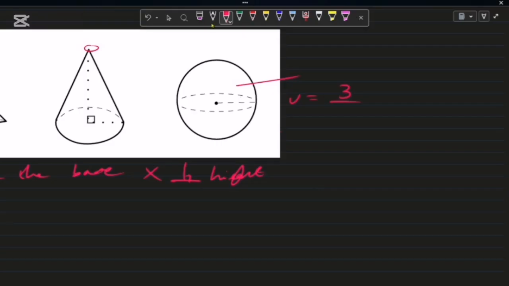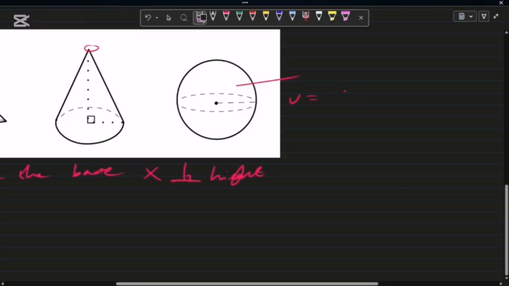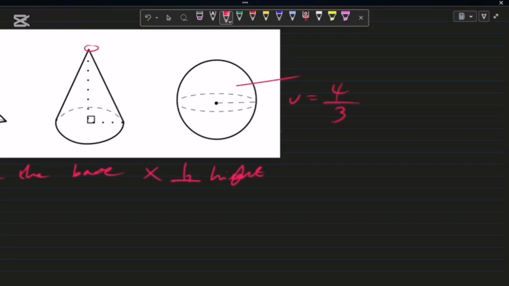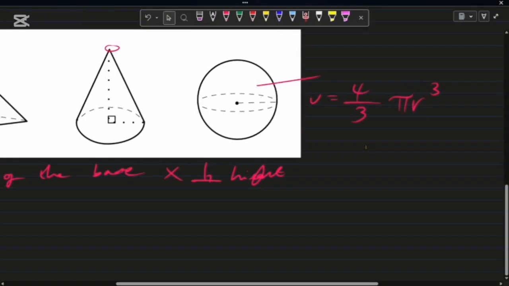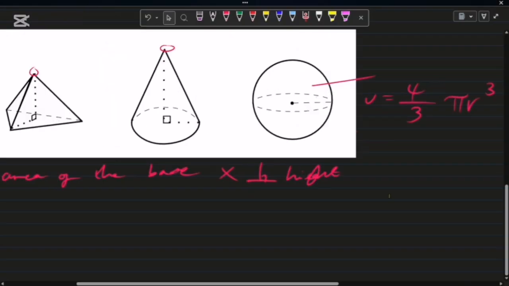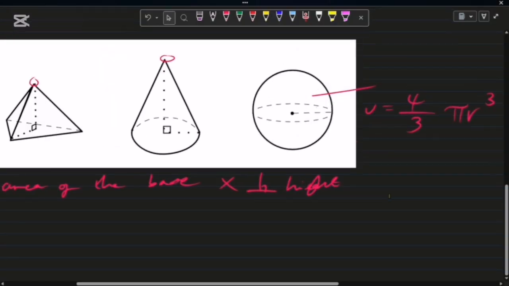I think it's 4 over 3. Okay, it's 4 over 3 pi r cubed. So this is the volume of a sphere. Hopefully that is clear. The volume of a sphere is 4 over 3 pi r cubed.